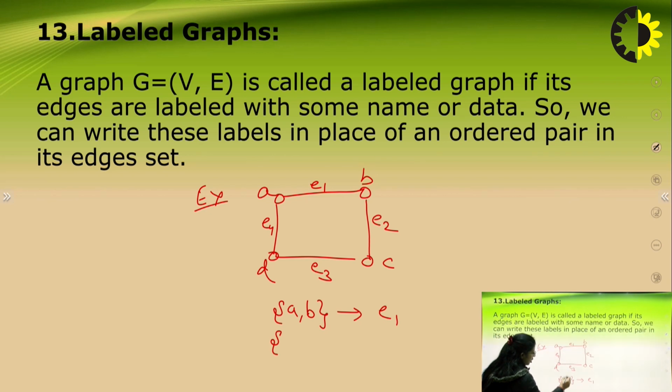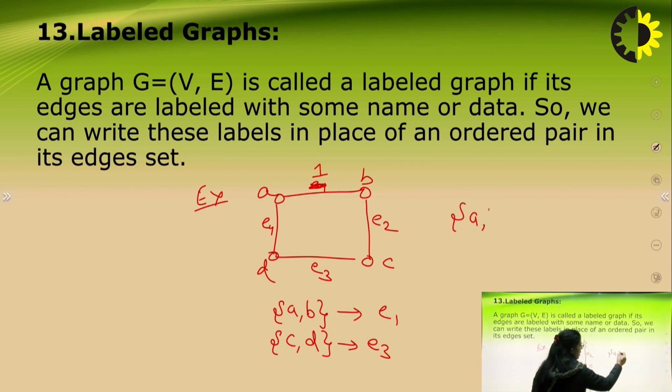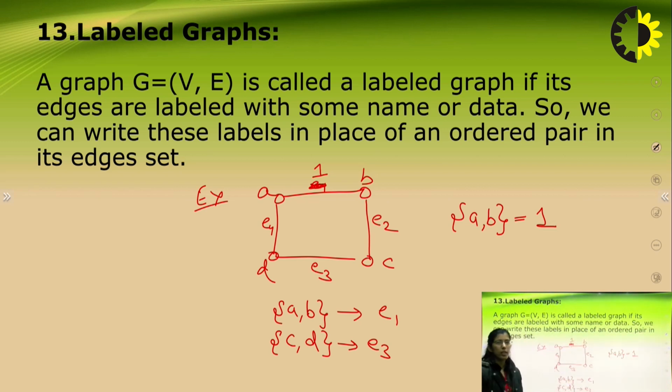Similarly, edge CD is named E3. So this is an example of a labeled graph where we label each edge with some name, or here we can also write, for example, 1, then this particular edge is named 1.